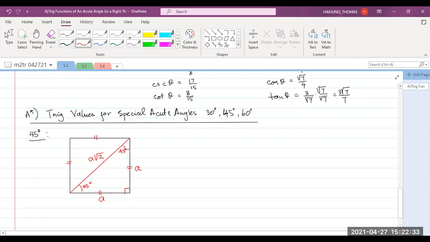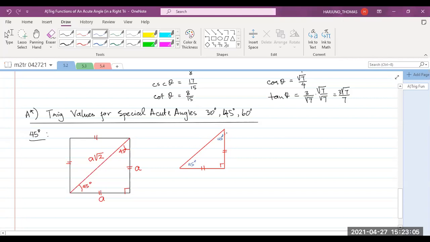Okay, in geometry, you have learned that if you have an isosceles right triangle, that refers to a 45-degree triangle. If you have an isosceles right triangle, then it must imply this is a 45 degree triangle.